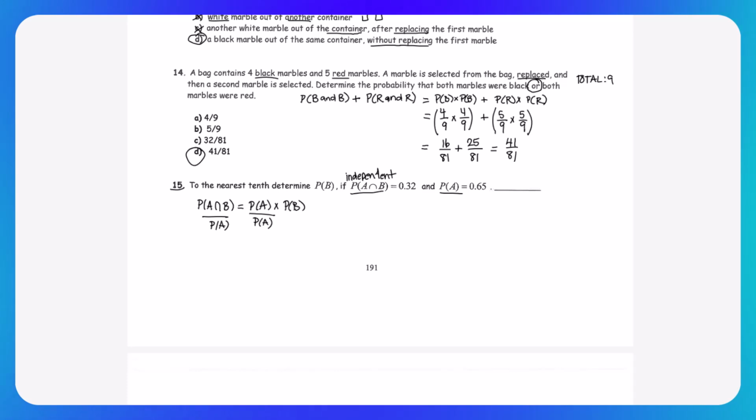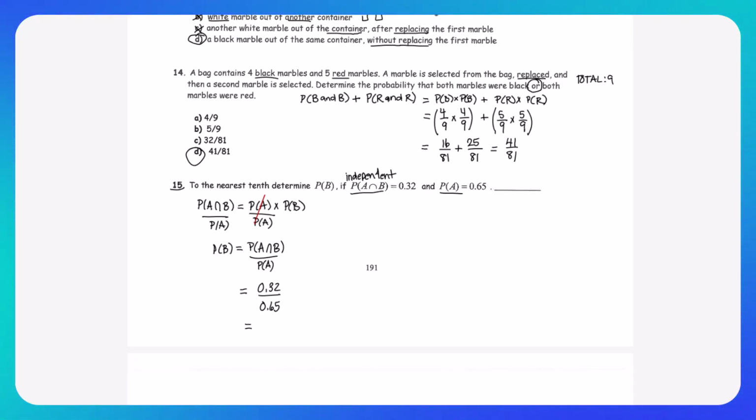So these things here cancel out, and we're left with the probability of B equals the probability of A intersect B over the probability of A. Just to write it out, all nice and neat. That means we can fill in what we know and make our substitutions. It's okay to make the substitutions first and work with the numbers if that's what you're most comfortable with, just as long as you write down your formula.